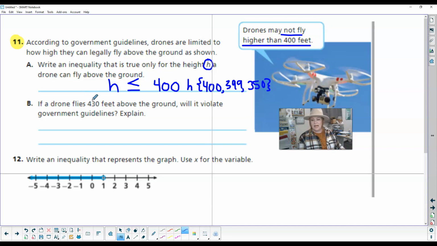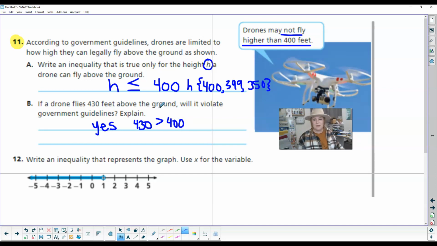If a drone flies 430 feet above the ground, will it violate the government guidelines? That would be 430 is greater than 400. So yes, and I could just write that as an inequality, because 430 is greater than 400, and 400 is the limit.